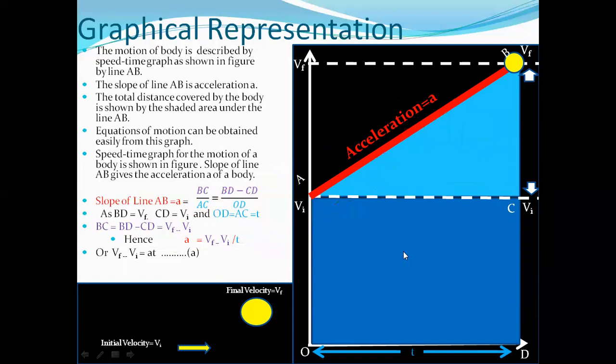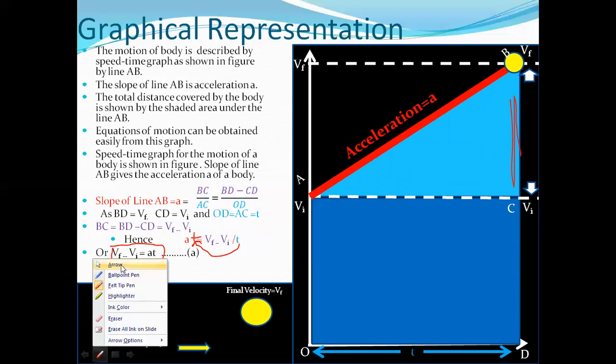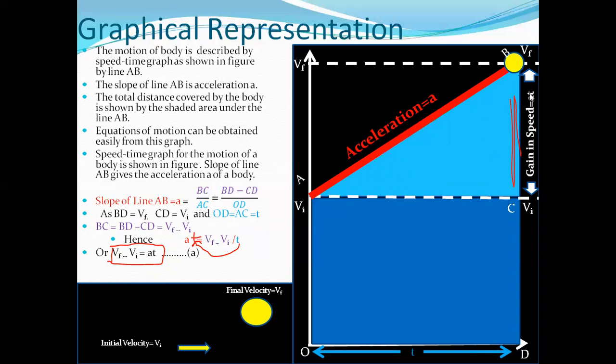Now, this VF minus VI divided by T, if we take the T to the other side, it is dividing over here, it will multiply over here. The same equation can be written as VF minus VI is equal to AT. That means instead of writing VF minus VI over here, we can write down the gain in the speed, which is represented by AT.